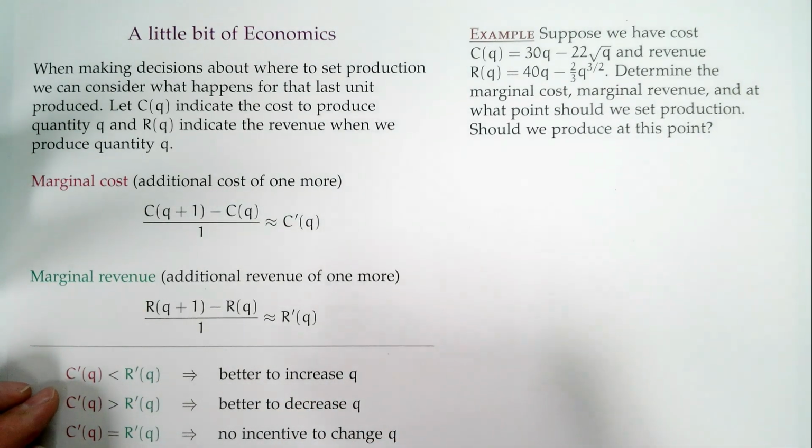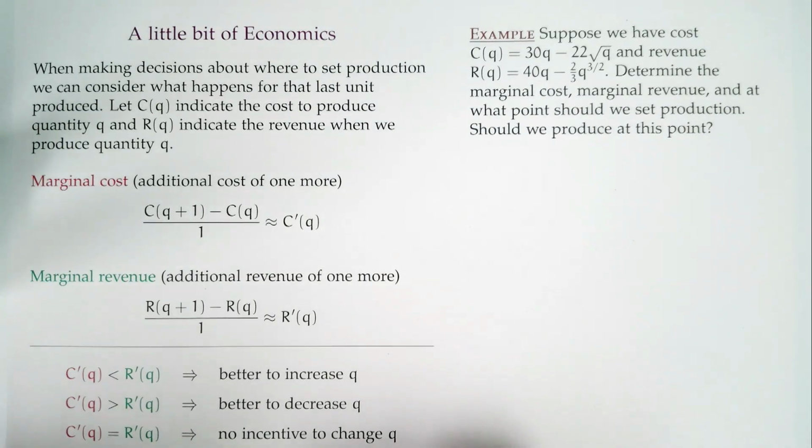We should produce, so we should increase our output. If the marginal cost, the cost to produce that last unit, is above the marginal revenue, that means we're losing money. So making that extra unit is a money loser. So we should not do that. We should decrease our revenue. Sorry, not our revenue. We should decrease our quantity.